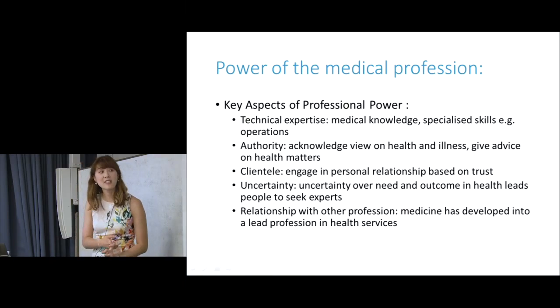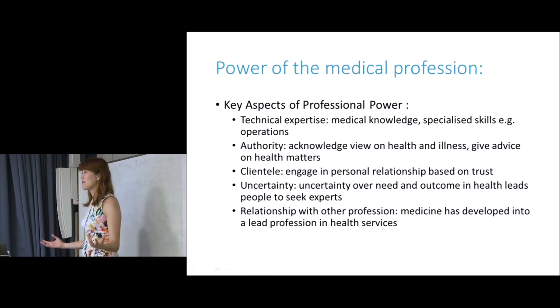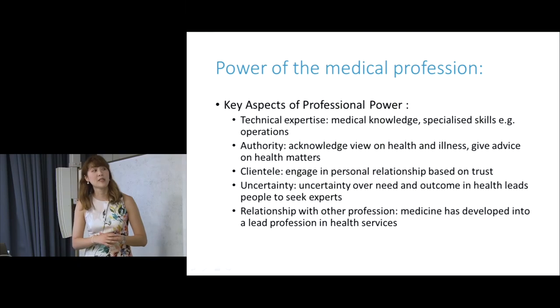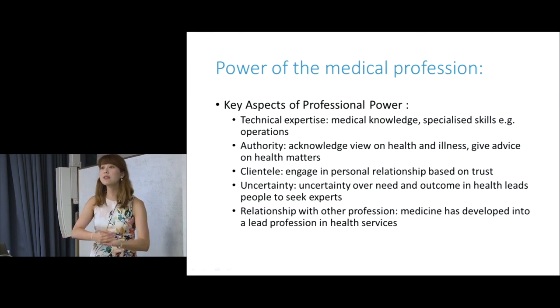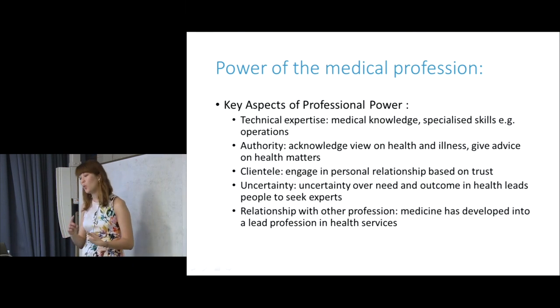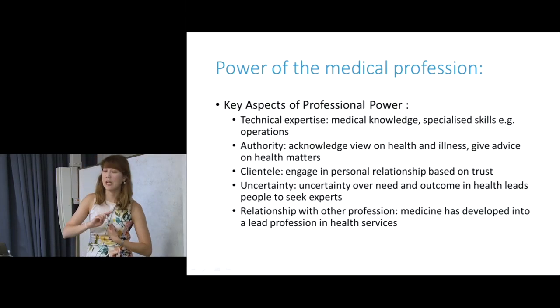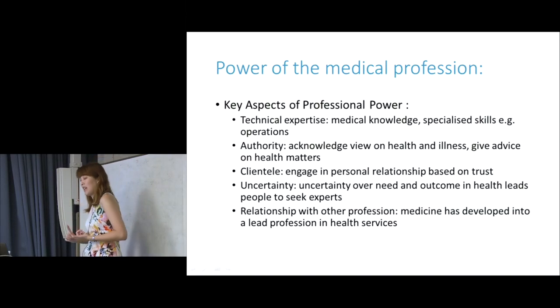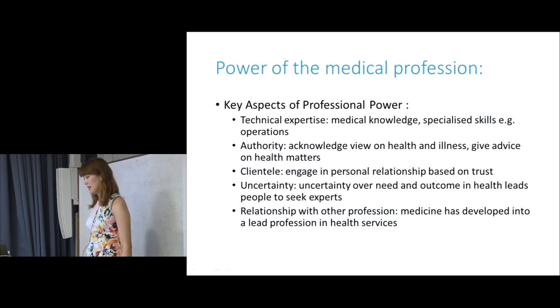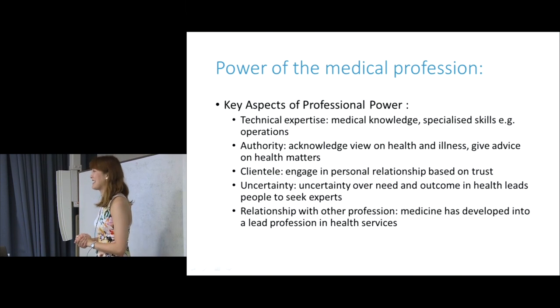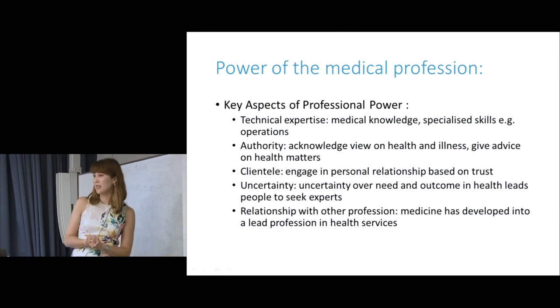Crucially, uncertainty. Health is an agency relationship. We will come to discuss that. There is uncertainty over what I need and what the outcome is. And so I actually want to seek the advice of experts. And actually it's getting rarer in modern day for us to want to seek advice.